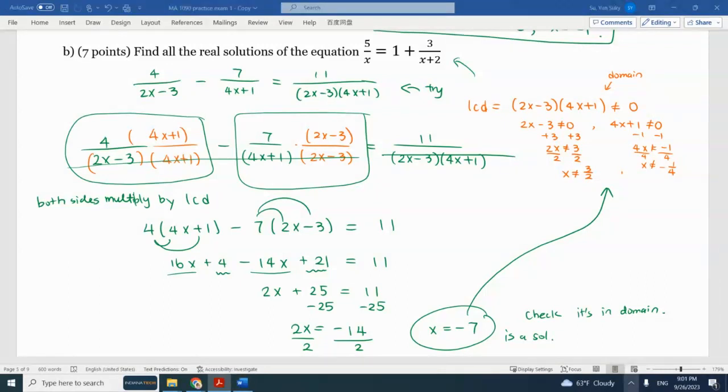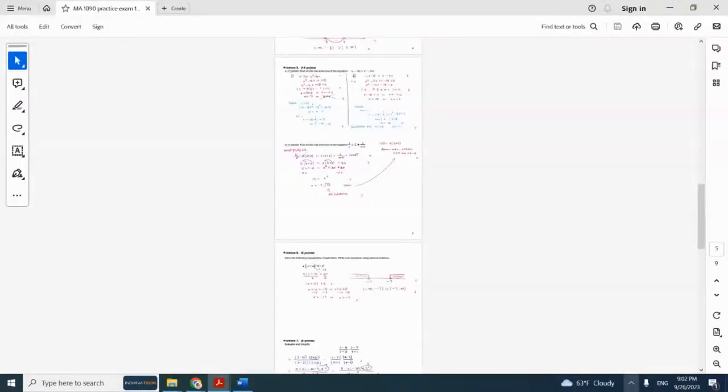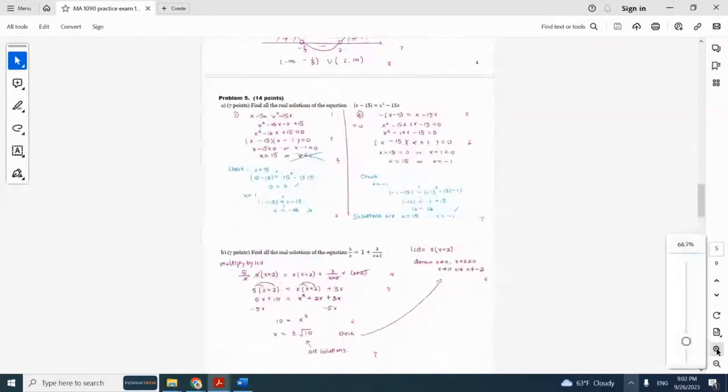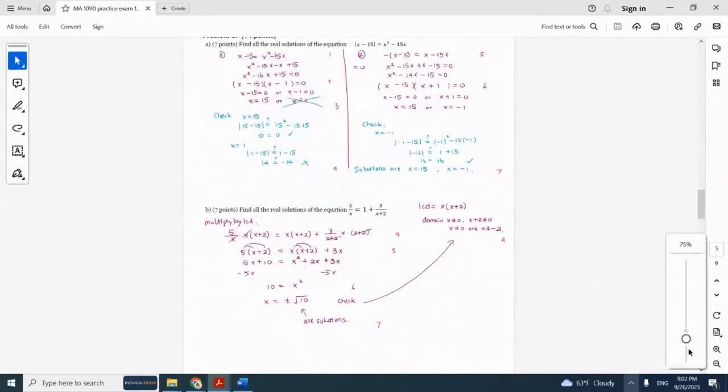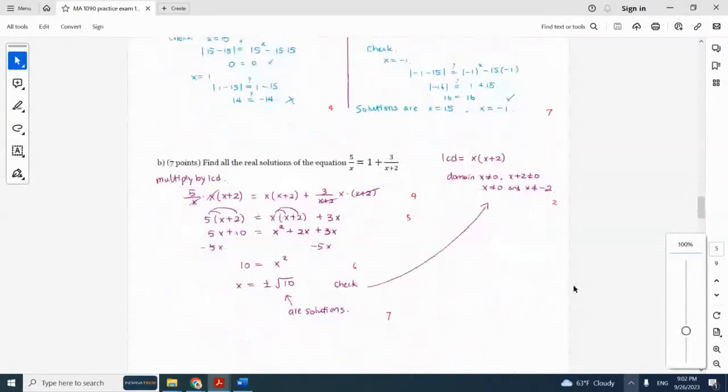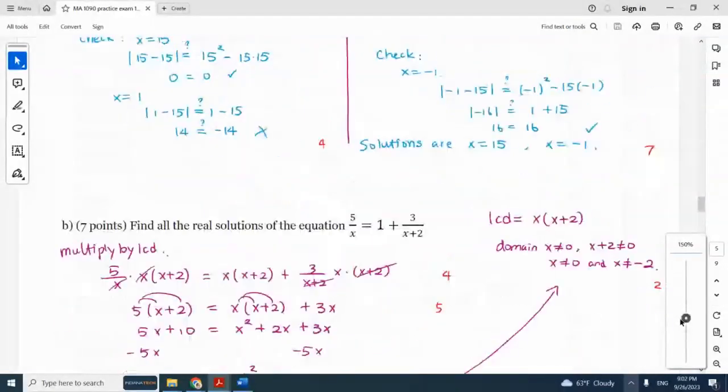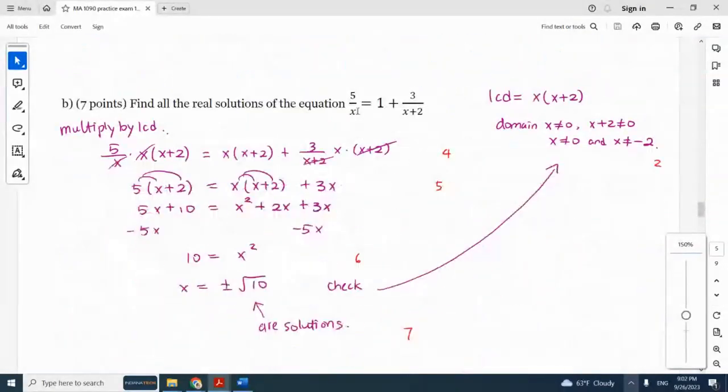Thank you. Let's also look at, let me make this bigger, the one on your practice exam. It is very similar. The least common denominator here is x and x plus 2. You set the least common denominator not equal to 0, so each factor not equal to 0, and you solve for x.